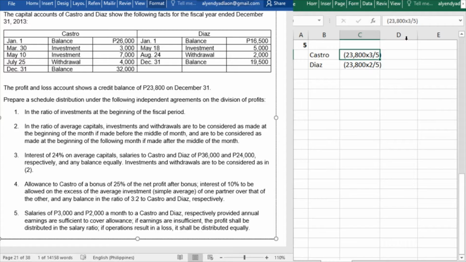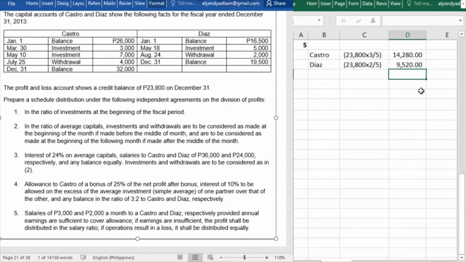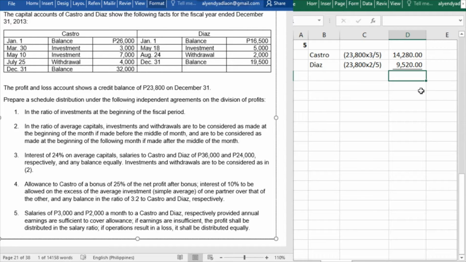Now, to compute for the shares, we have 23,800 multiplied by 3 over 5 and 23,800 multiplied by 2 over 5. Okay, so this is now the distribution of our profit. Now we have 14,280 plus 9,520.